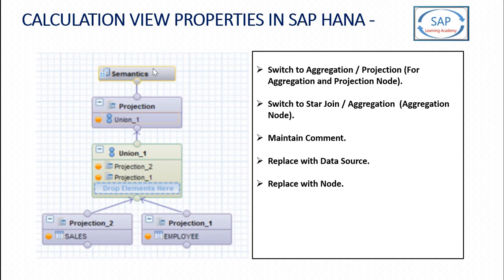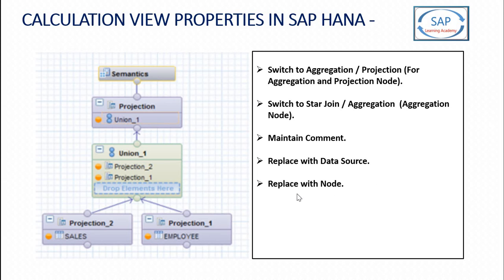It will be automatically created. And even if some of the fields are not matching with your new data source, you need minimum effort in order to correct this view. So it is always recommended to replace with a new data source if you have this kind of requirement. Otherwise, if you delete and create a new one, then you have to work a lot on this.